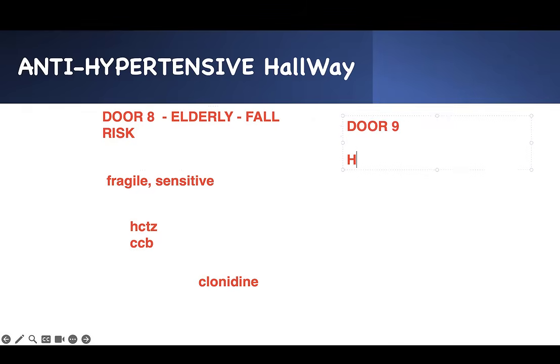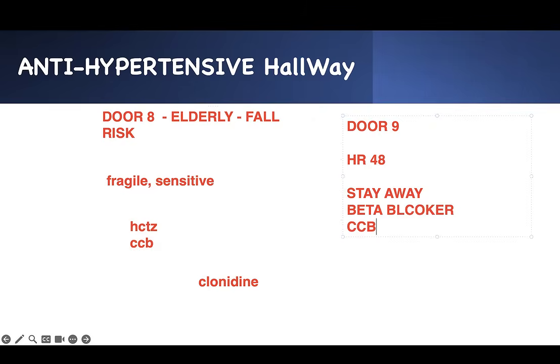What is the problem? The patient's heart rate is 48. It's already 48. Baseline, his heart rate is already low. What am I going to give them? I'm in trouble. What do you think? What should you stay away from with these guys? Anything that will slow their heart rate down. Beta blockers, stay away.